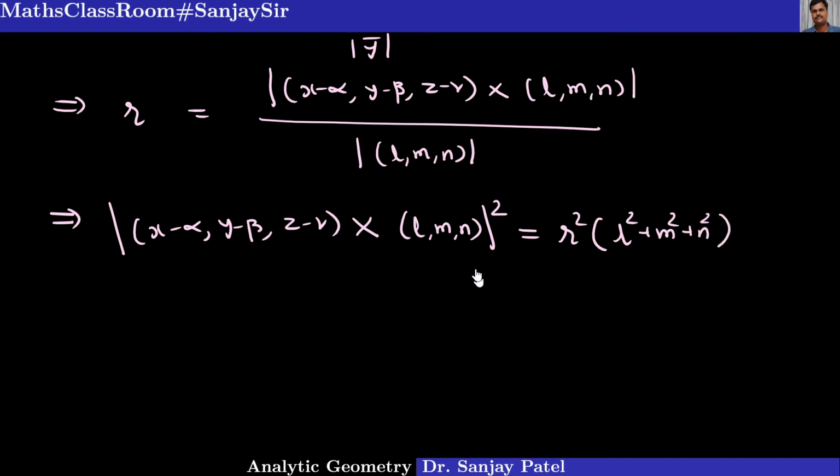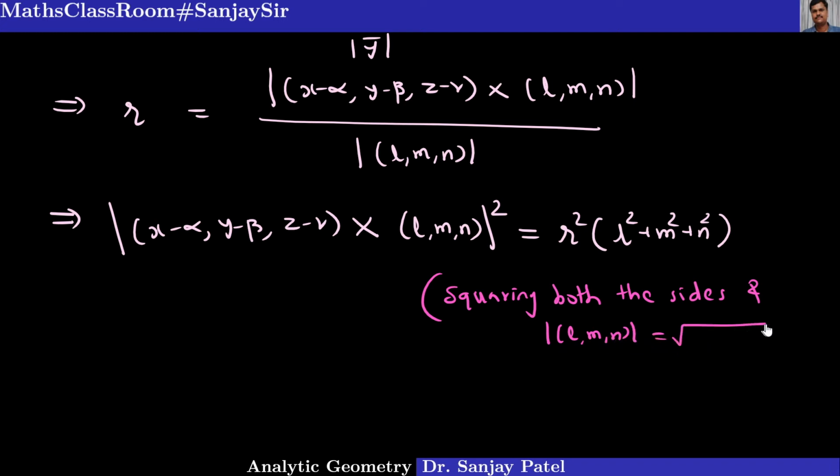What we have done is squaring both the sides. And also we have used that mod of L, m, n is nothing but square root of L square plus m square plus n square, and so its square is simply L square plus m square plus n square. This is the required equation of a right circular cylinder.